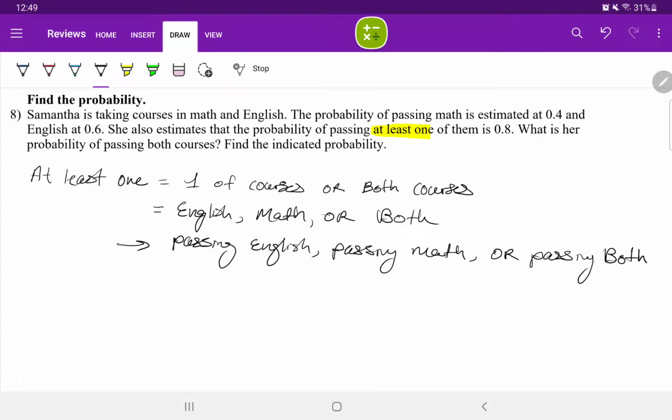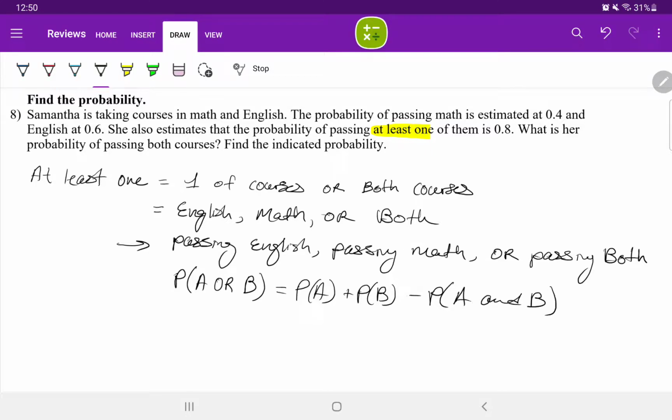And the addition rule, but for this case, I have 2 subjects, math and English. I should have put math first to keep it in order, but the order is not really too important. So the probability of A or B equals the probability of A plus the probability of B minus the probability of A and B. Let's say A is math and B is English.